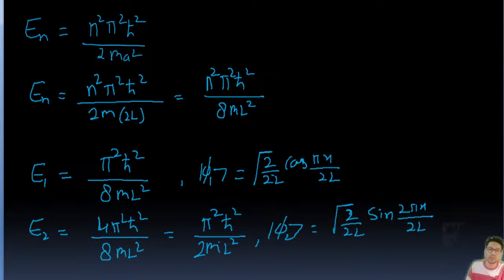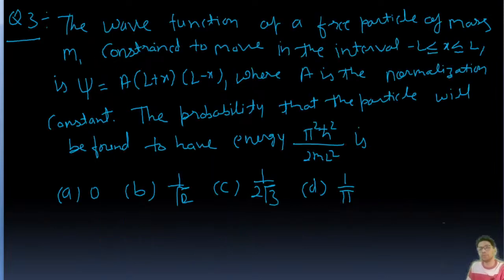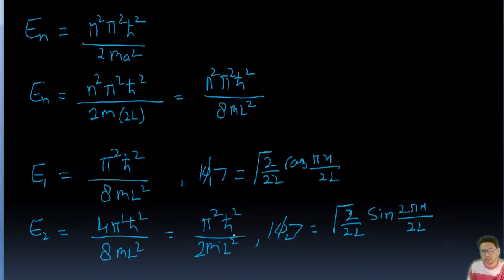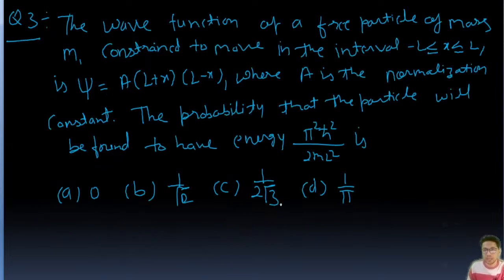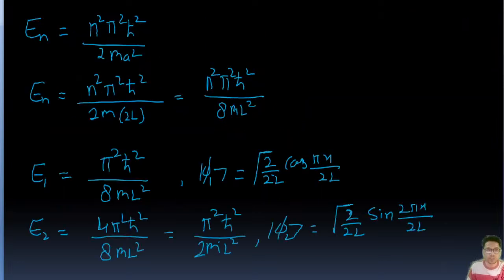And what is the question? The question is that we need to find the probability of the particle when its energy is pi square h square upon 2 m L square. Here we can see that for E2 the energy is pi square h square upon 2 m L square.